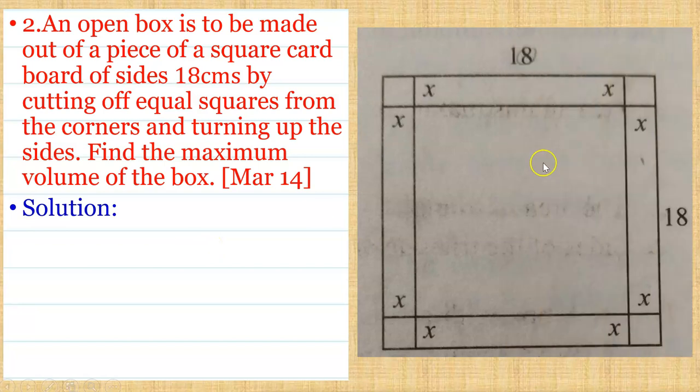Now the solution. See here, this is the card sheet, and it is in the form of a square. The side of this square is 18, and from each corner, x centimeter is cut here, x and x, okay, and turning up, there is an open box.